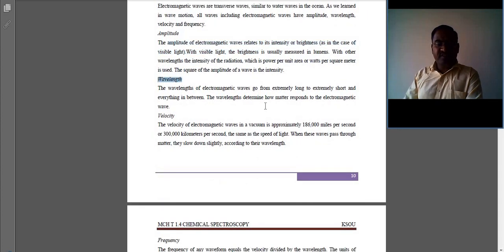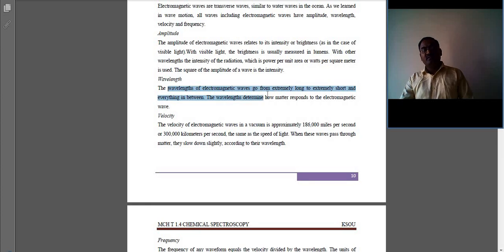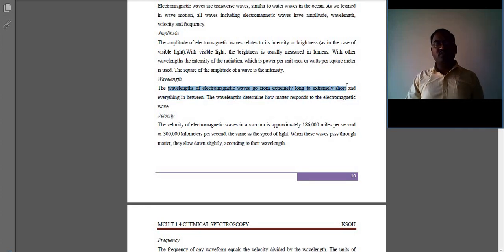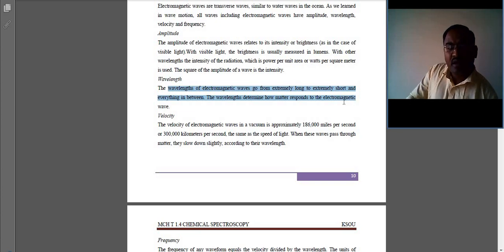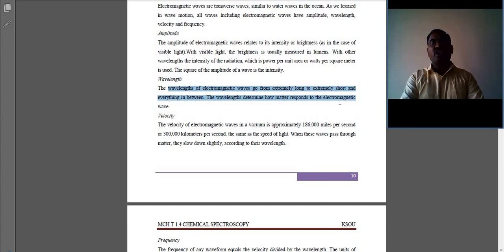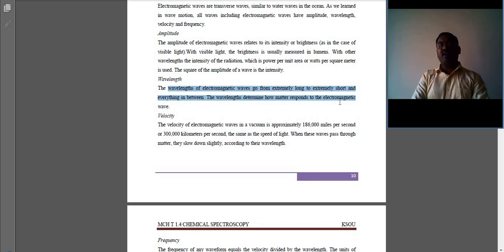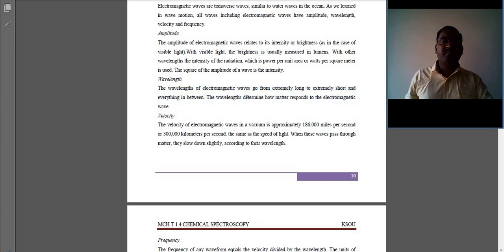Next we consider wavelength. Electromagnetic waves go from extremely long to extremely short, and everything in between. The wavelength determines how matter responds to the electromagnetic wave.